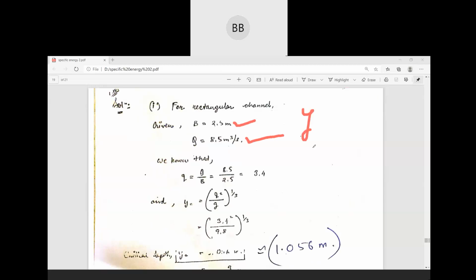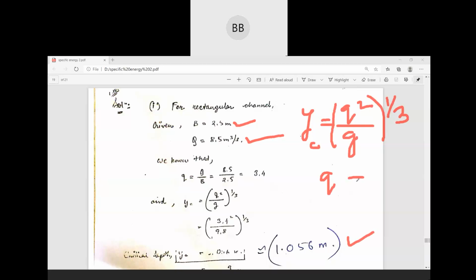You all know for rectangular channel YC is equal to q square divided by g, whole to the power one third. Use this equation and find out the YC value. q we already know, that is discharge divided by width of the channel. The discharge is already given, width of the channel is also given, so you can easily find out the small q value. Substitute here. g, I think you all know, 9.81. Then you find out the YC value.